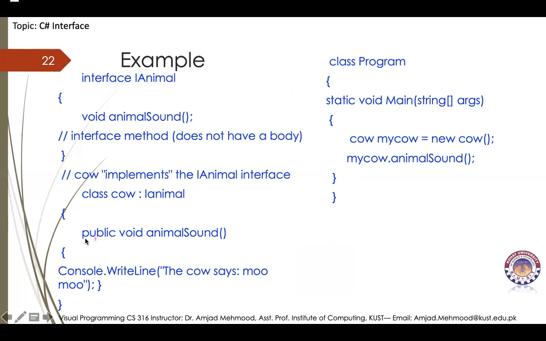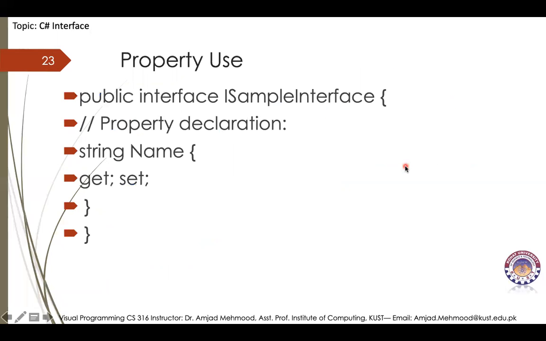Now there is a class called Cow, which implements this Animal interface. Cow provides the definition of the animal sound method. Then you make the object of this class. I have explained this already in my previous slides, so I don't want to explain it again.